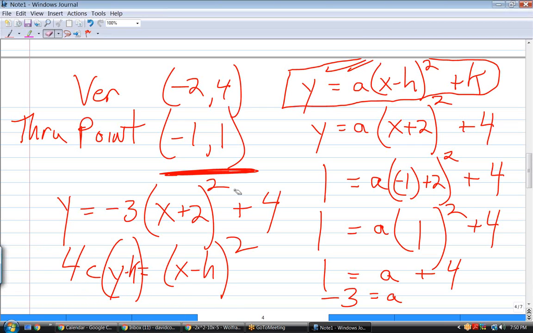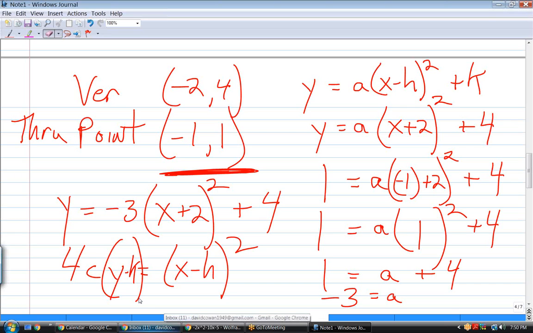It's important to realize that it's the same. They're no different. It's just a different format. It's a format that gives you the focus immediately. When you know the equation of the parabola, you can figure out the focus by whatever the coefficient on the y is. Okay, so this is the answer to the first part.